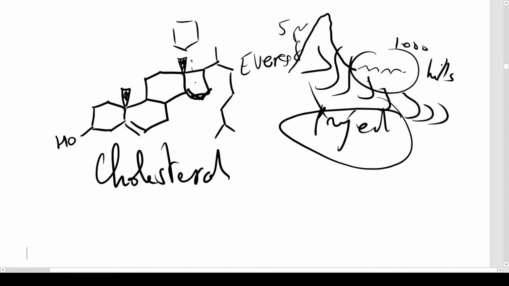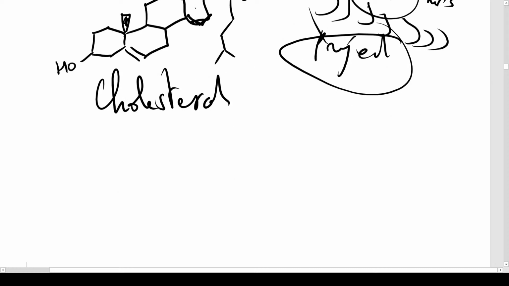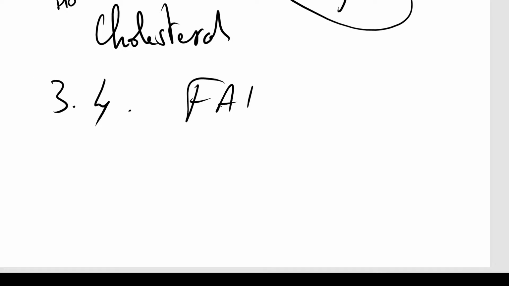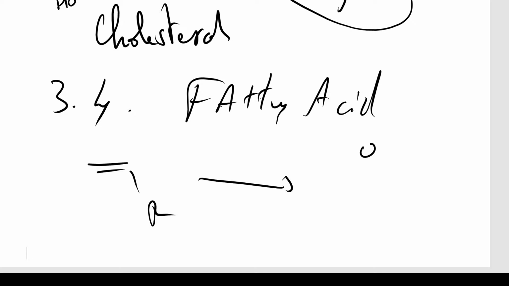So just to finish and prove to you that I have many other examples to show you that are very, very interesting. So let's talk about the fatty acid. Oxidation of fatty acid. Okay.